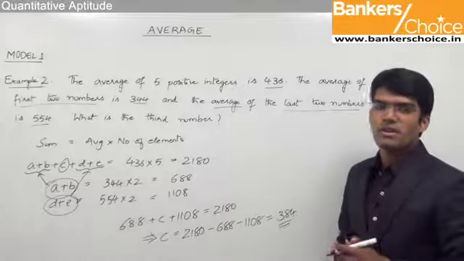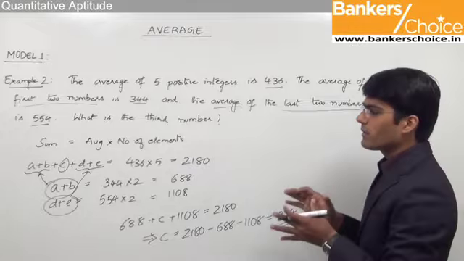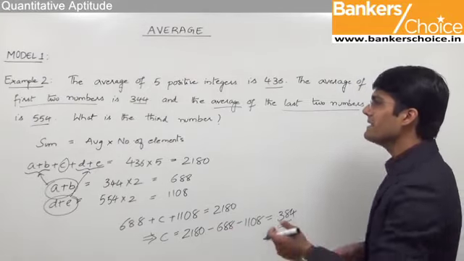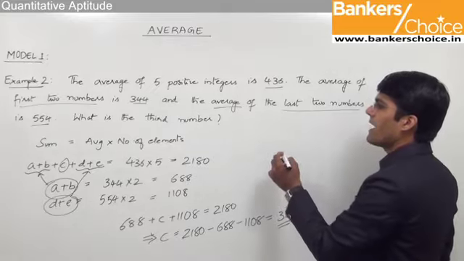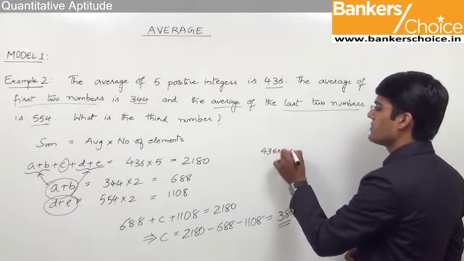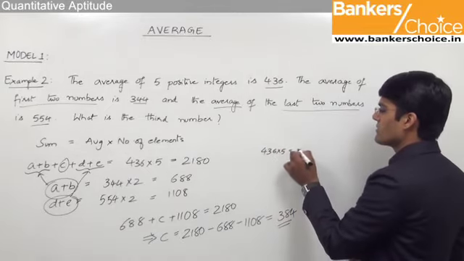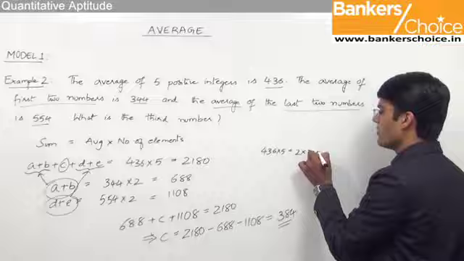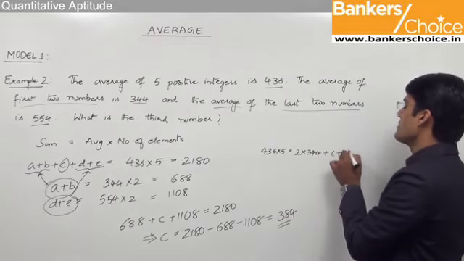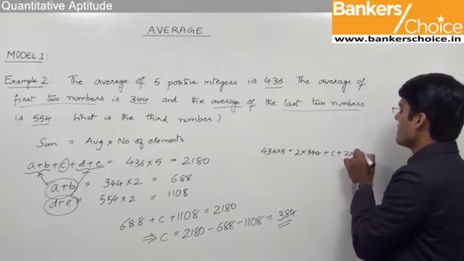But friends, if you are clear with the concept of average, this question can directly be solved without writing all these steps. We can simply say that the total of 5 numbers, that is 436 into 5, should be equal to the total of first 2 numbers, 2 into 344, plus the third number C, and the total of last 2 numbers, that is 2 into 554.